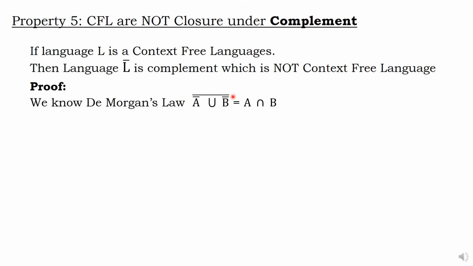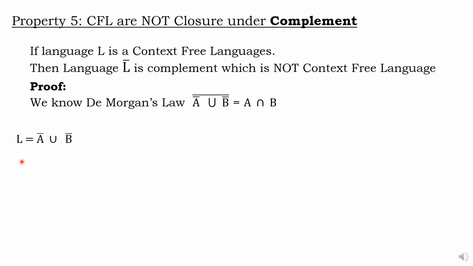And A bar bar is A, B bar bar is B. As per De Morgan's law, common bar becomes individual bar, union becomes intersection. That's all. Keep this De Morgan's law aside.